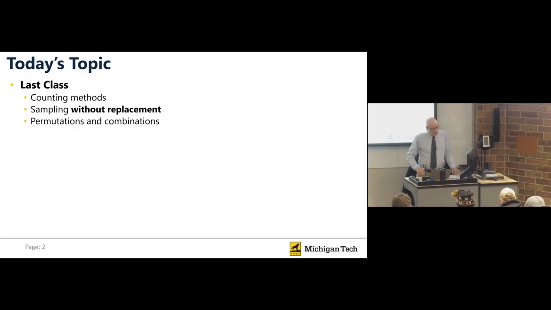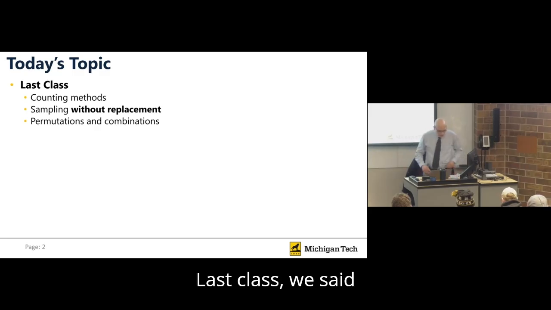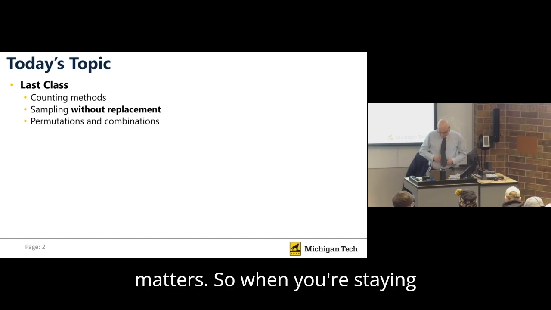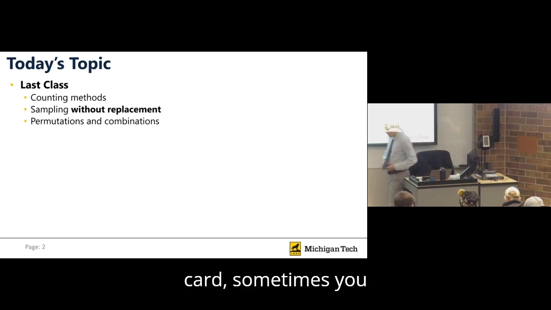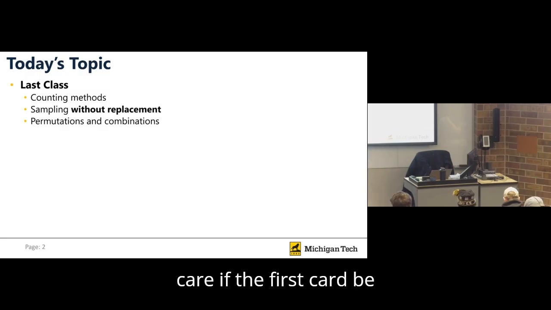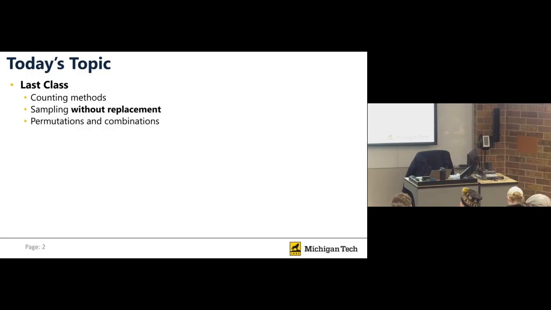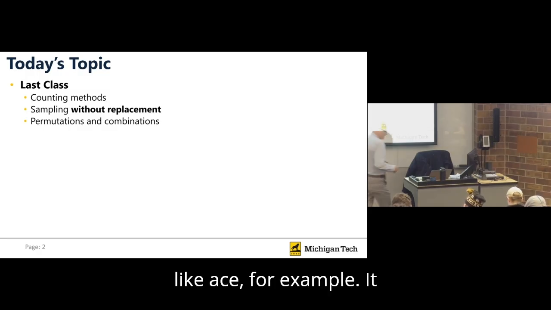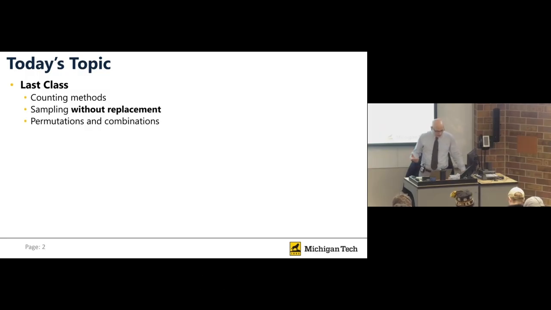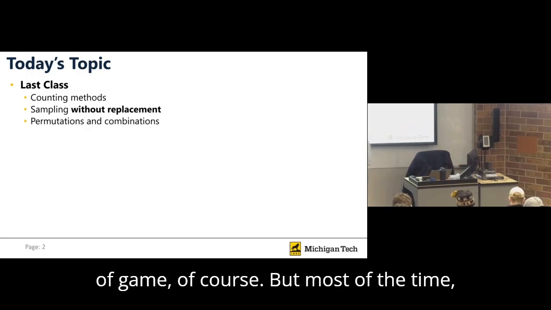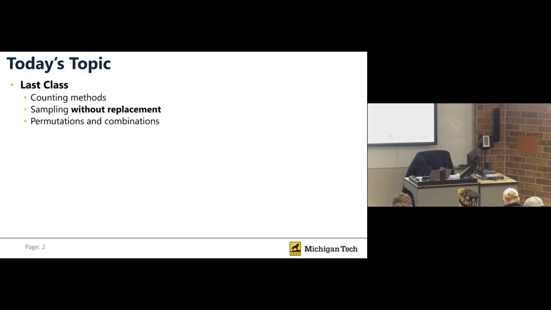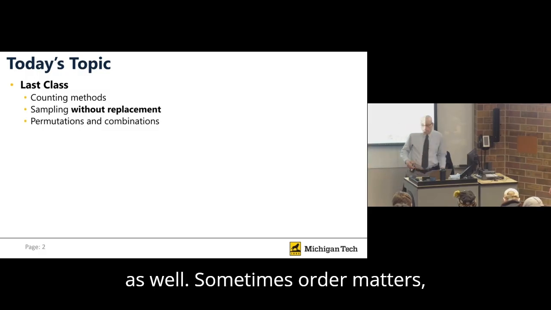Without replacement, last class, we said sometimes order matters. When you're playing cards, sometimes you care if the first card is a king or an ace, for example. It depends on the type of game, of course. But most of the time, order matters, and in some other applications as well.